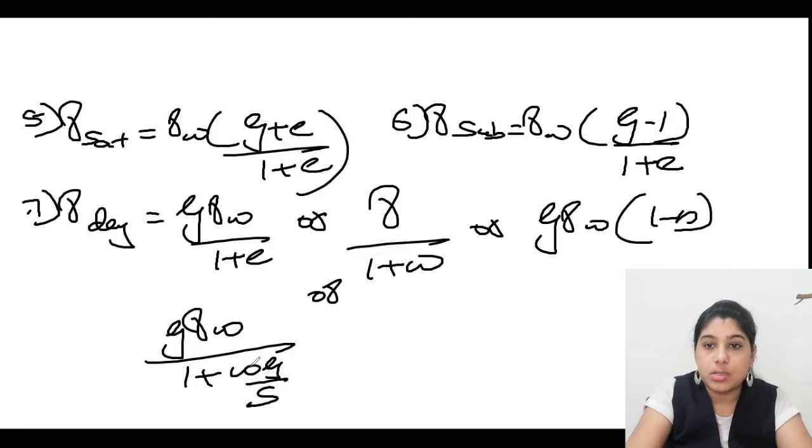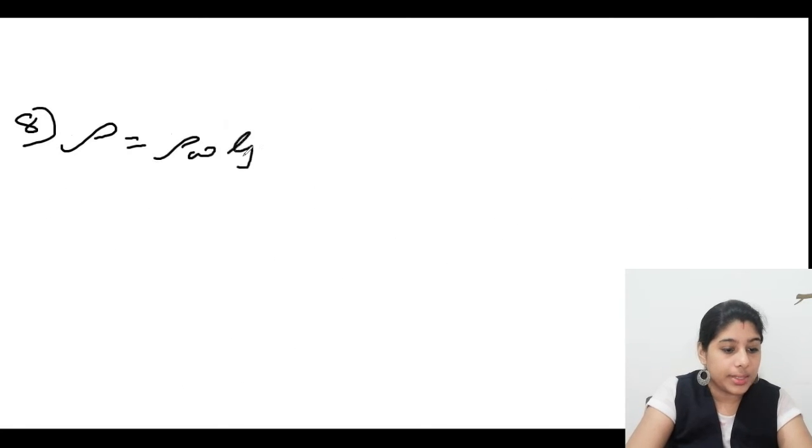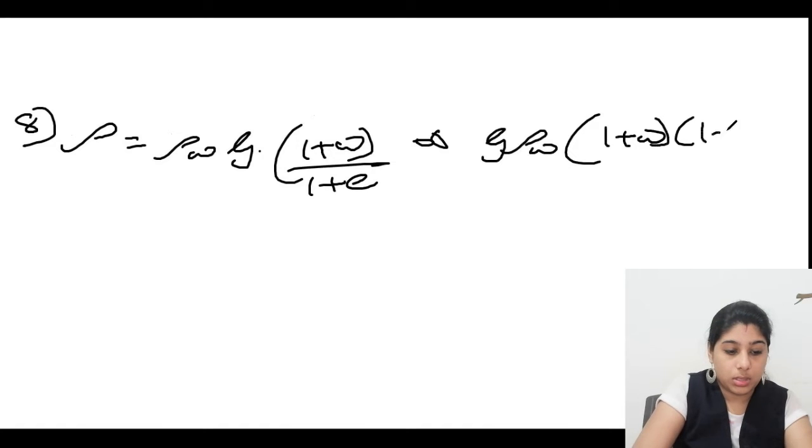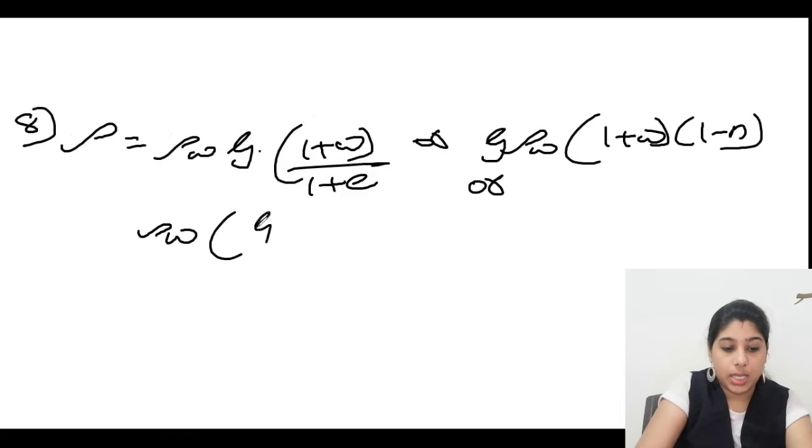Now all these equations with the bulk density we can write in terms of gamma. We can write G gamma_w into (1 plus e), or G gamma_w into (1 plus w) into (1 minus n), or gamma_w into (G plus eS) by (1 plus e).